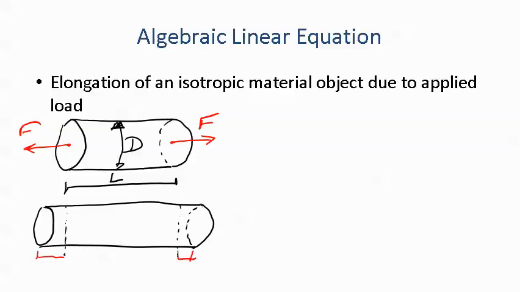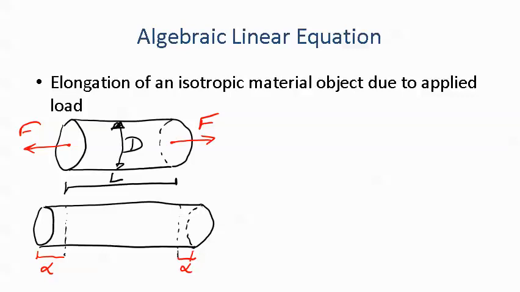So here I exaggerated this component here on the left-hand side, let's call it alpha, will be the same as this component here called alpha. So the total of these, 2 alpha, will be the total change in length.